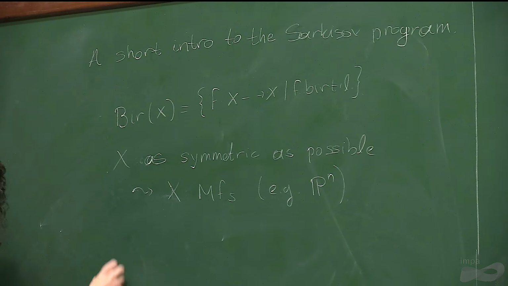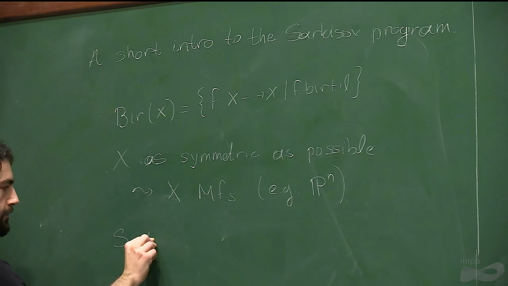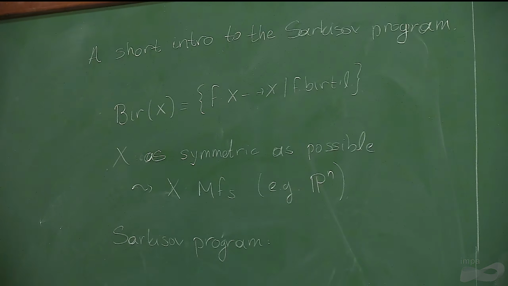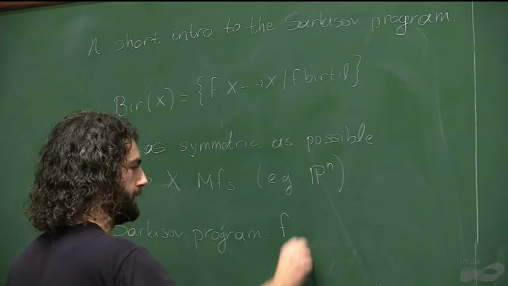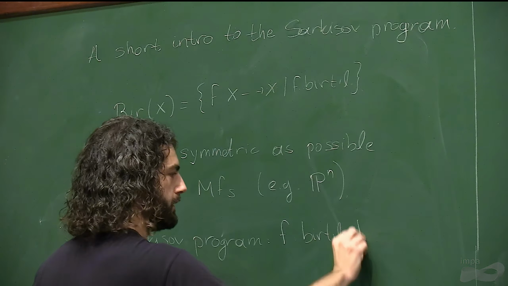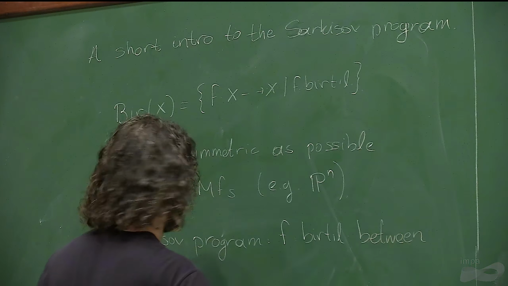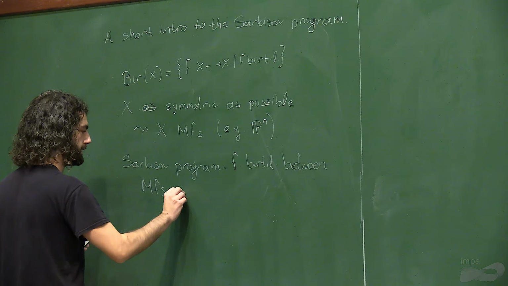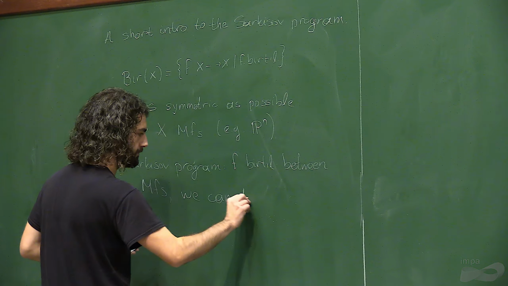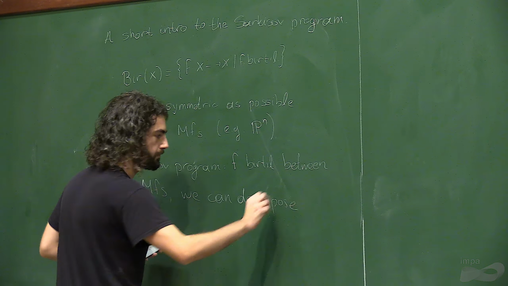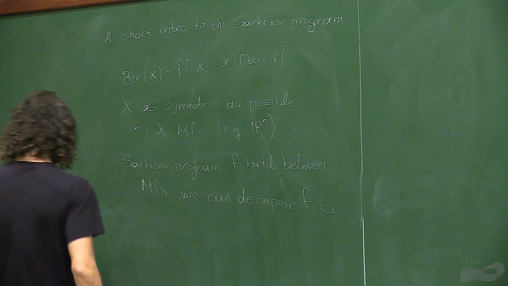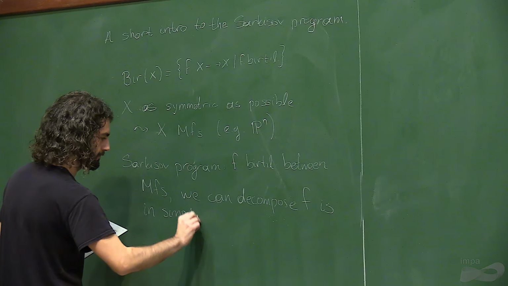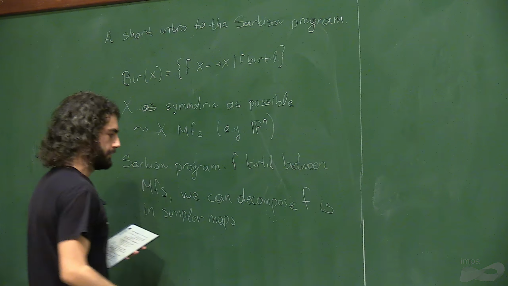So what does it say? The Sarkisov program says that if F is a birational map between Mori fiber spaces, then we can decompose F into simpler maps, which we call Sarkisov links.